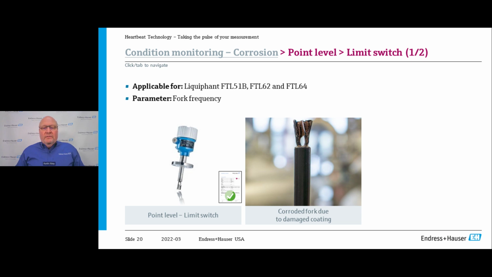Let's look at the Liquiphant. I mentioned this earlier. Here's another look at it, and we'll talk about fork frequency and corrosion. What you're seeing on the right-hand side there for a corroded fork is not unusual in some chemical processes. Now, the nice part about Liquiphants is this is going to incorporate all three aspects of Heartbeat that I just talked about. Liquiphants do an excellent job of 24/7 diagnostics.